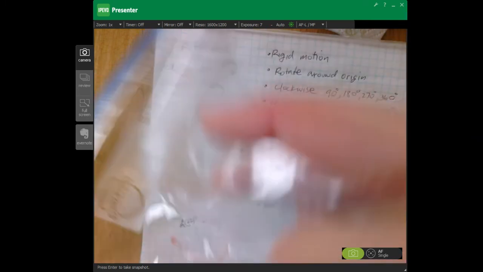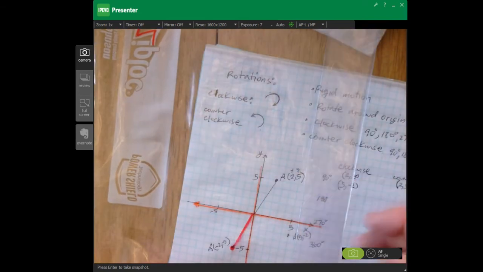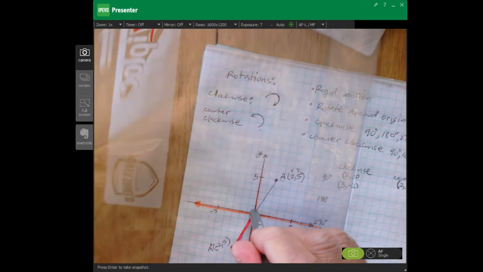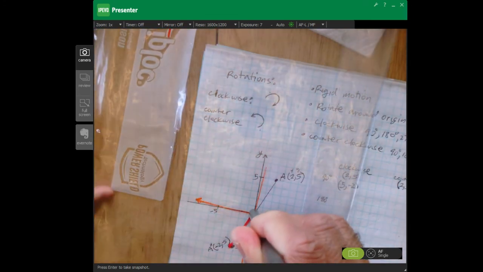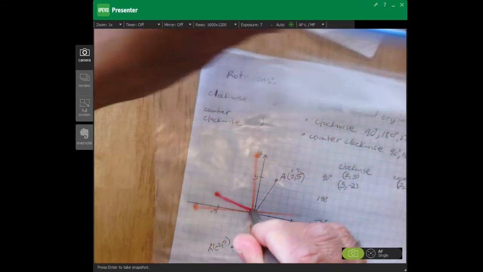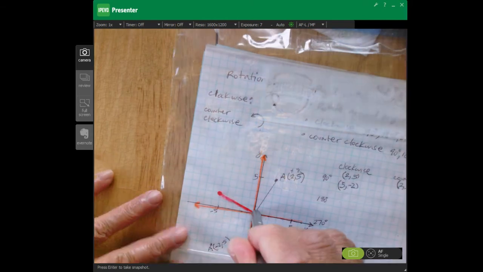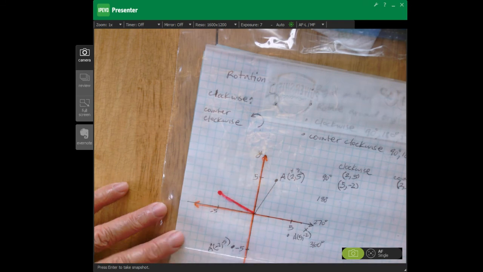Okay, so now we're going to rotate again. We're going to move this arrow until it's facing that direction. And there we go, right about there. So now the point is -5, +2.